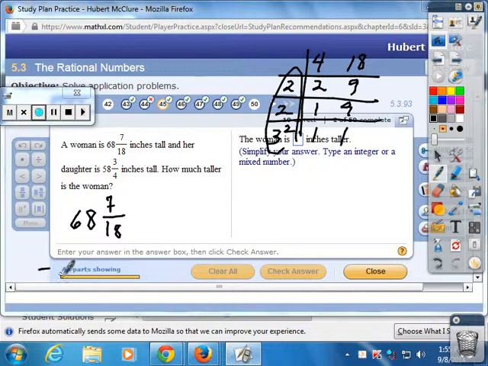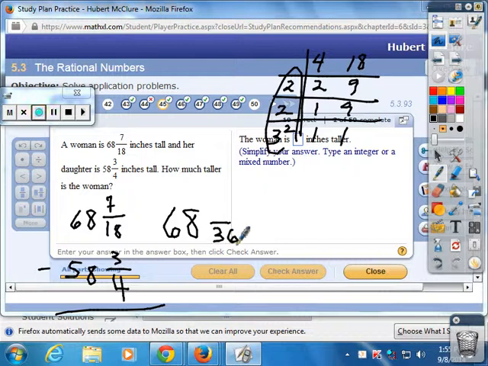minus 58 3/4. And when I do these type problems, I go vertically. So we got to change, we're going to need a 36 right here, so I'm going to change this into 68 and something over 36. And this will be 58 and something over 36. How many times will 18 go into 36? 2 times 7?